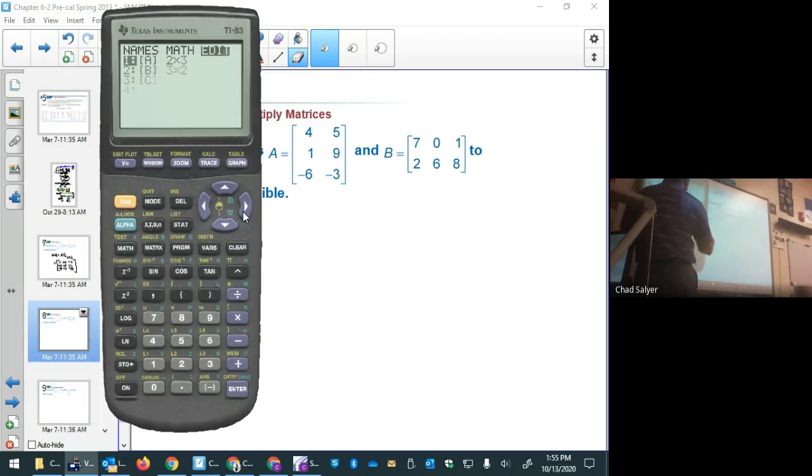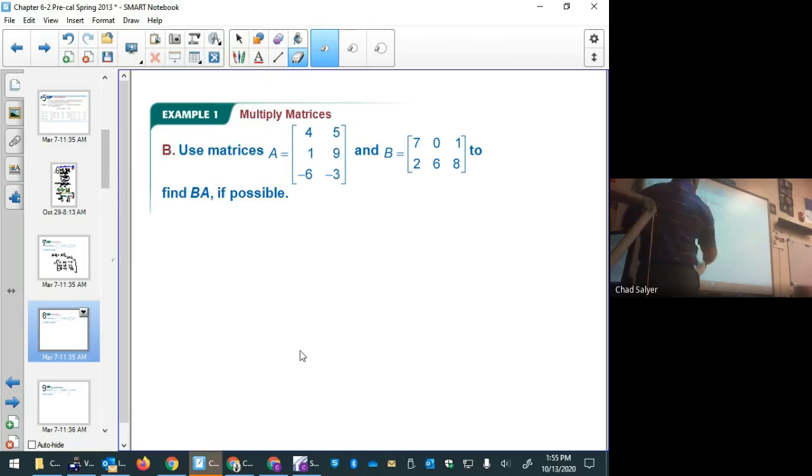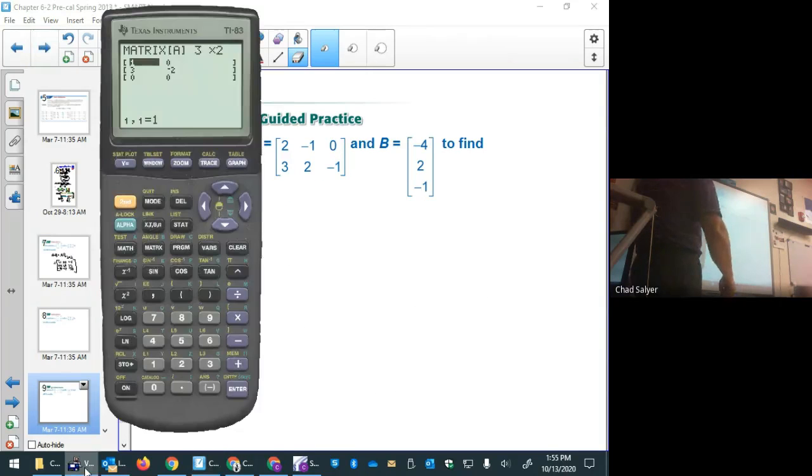If we go to matrices and edit A, this is a 3 rows by 2 columns. Oh, the same one? Oh, we don't want to do that. There we go. We'll do this one. So this is a 2 rows by 3 columns. And it is 2, -1, 0, 3, 2, -1.